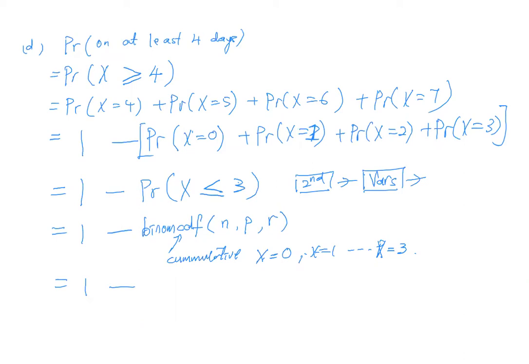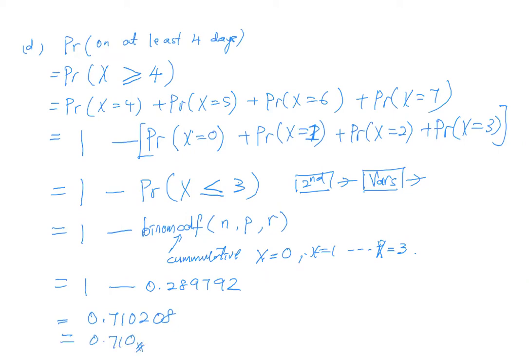Number of trials, 7. P-value, 3/5. X value, 3. That means from 0 to 3, they sum up for you. So do you get this? 0.289792. Okay, then you take away from 1. So the answer is 0.710208, so equal to 0.710.